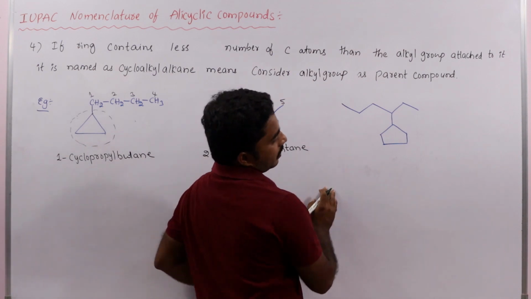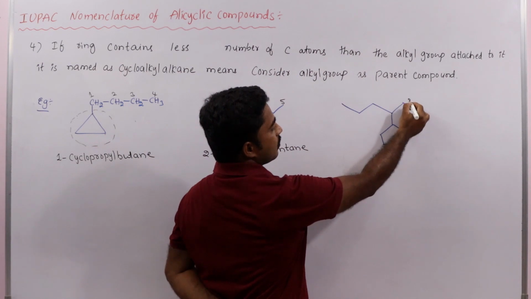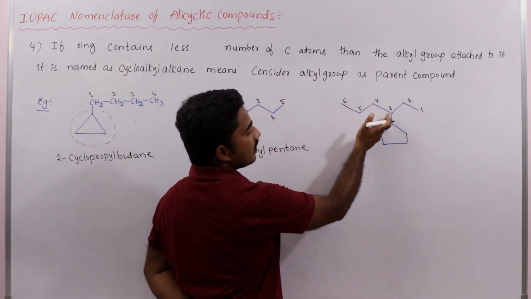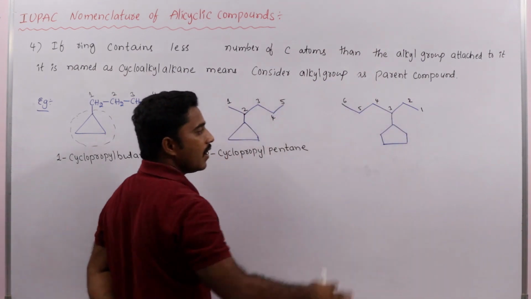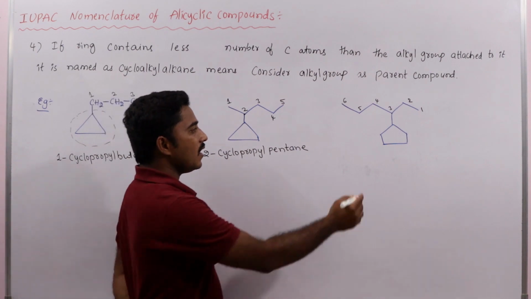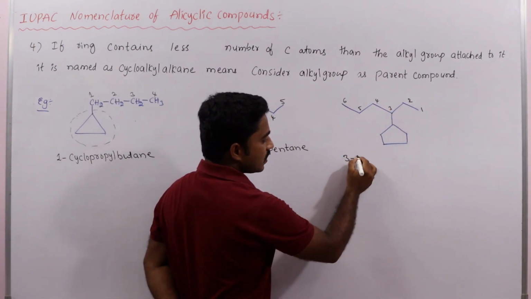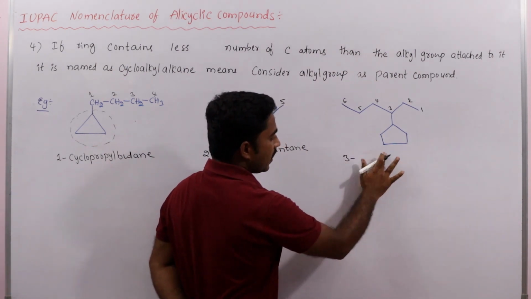Give the numbering: always the substituent should get the least number, that's why 1, 2, 3, 4, 5, 6. If you give numbering like this, the substituent gets number 4. That's why this is the correct way to give numbering. Clear? Here at the third position a cyclopentyl group is there. That's why 3-cyclopentyl.